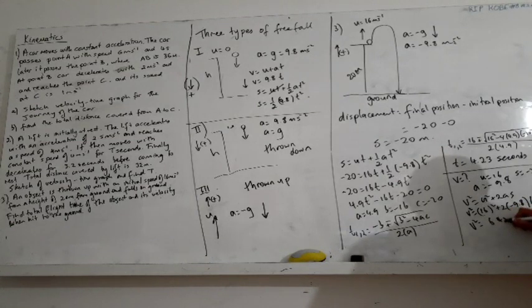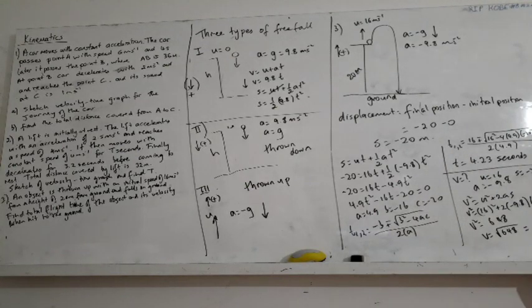So velocity is going to be the square root of 648, which is equal to 25.46. 25.46 meters per second is the velocity of the object when it falls on the ground.